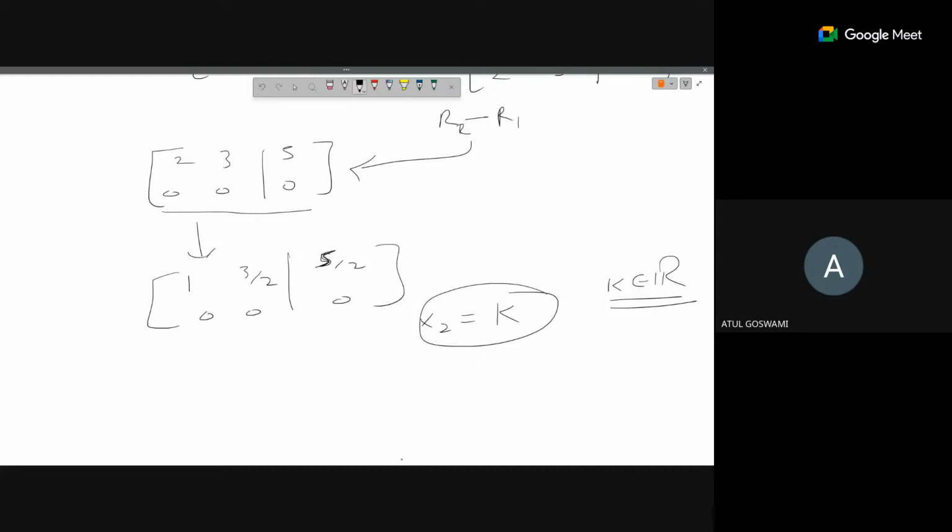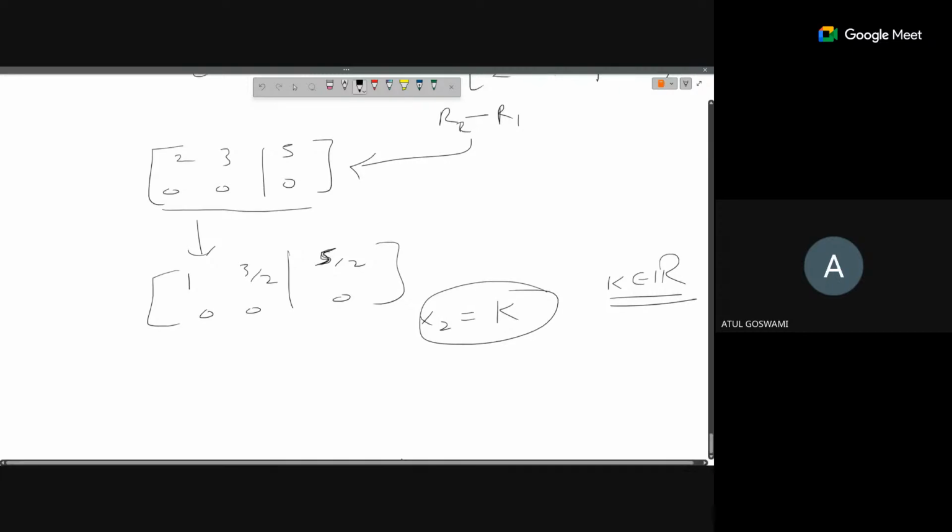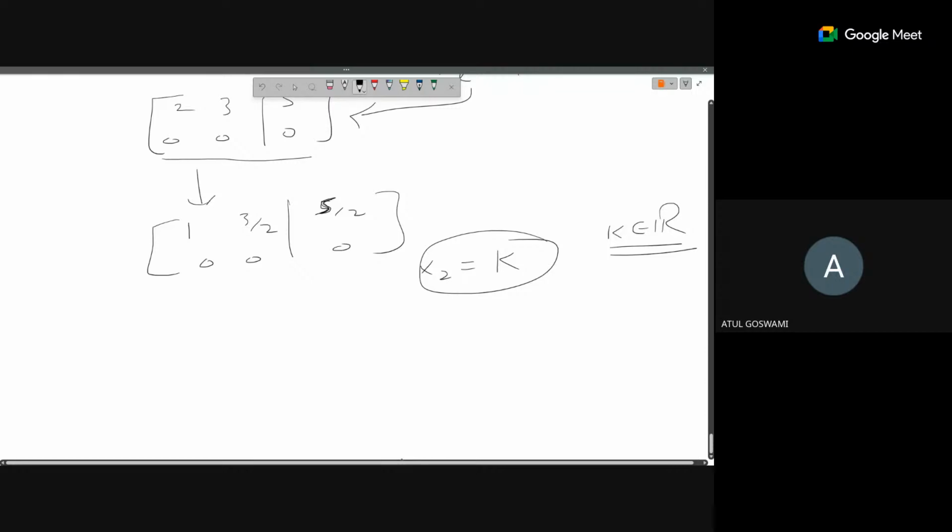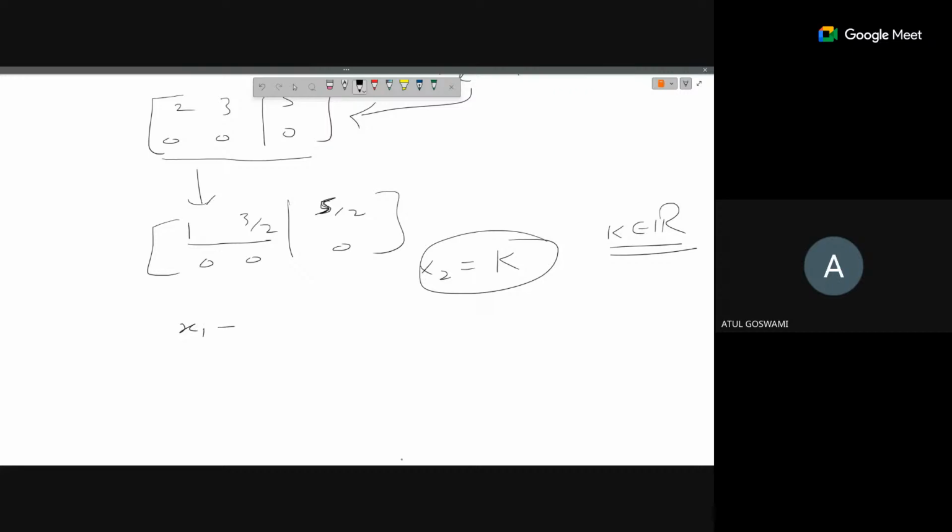So what is happening here? We can take this, which when we expand is x1 plus 3/2 x2 equals 5/2. And x2 is any real number, that is k.